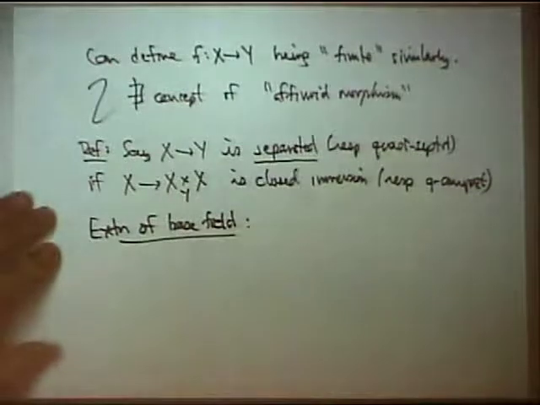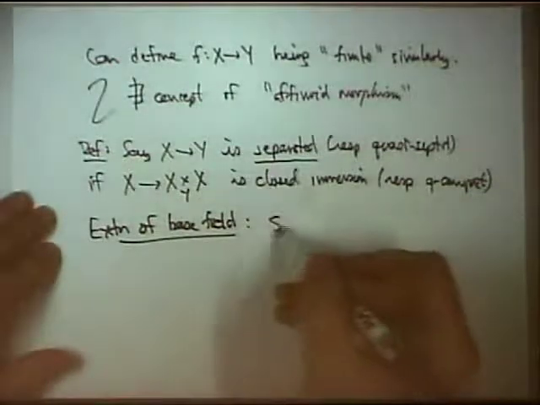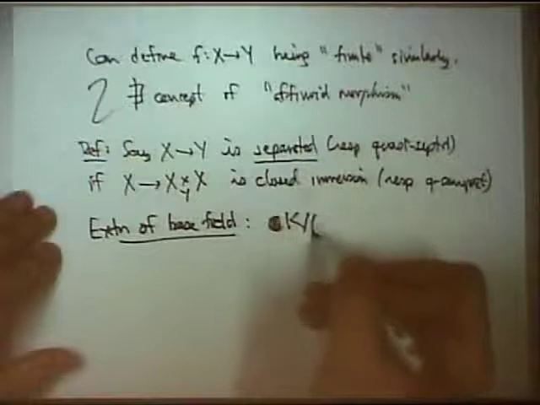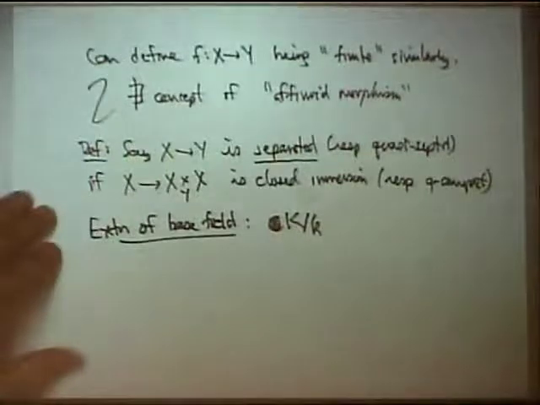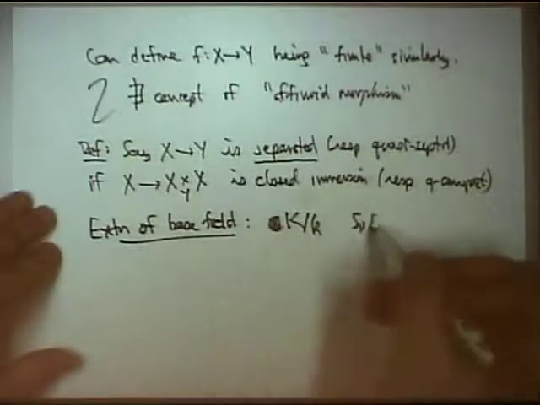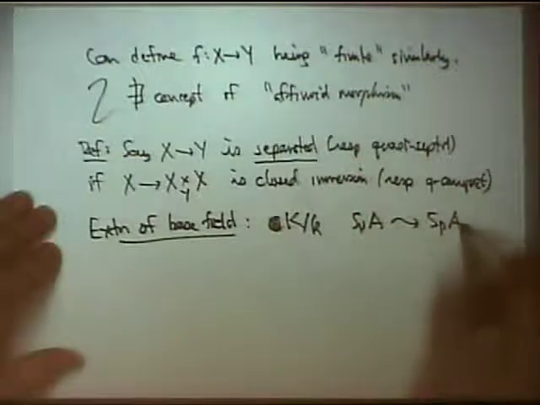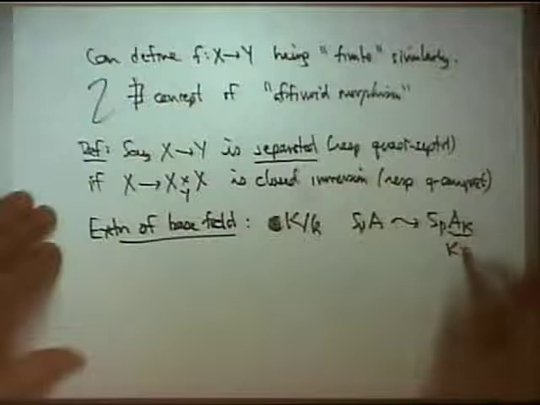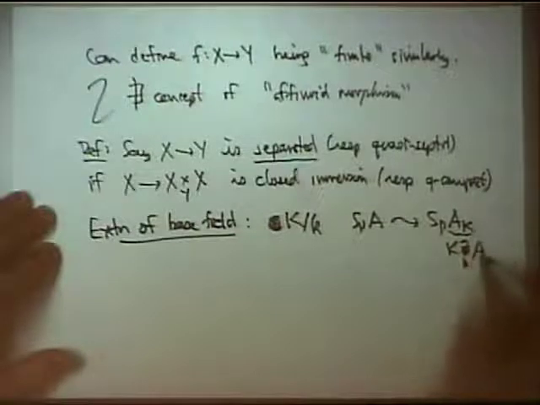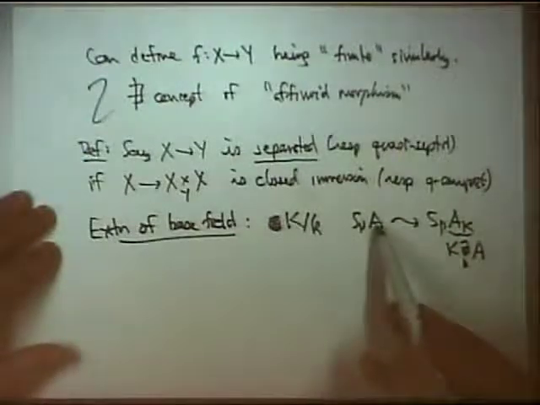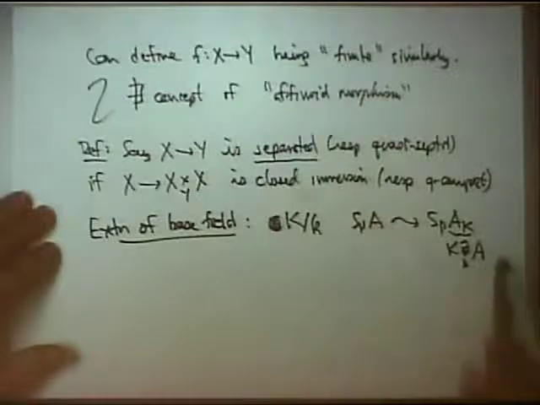So last time I discussed the fact that if K over k is an extension of non-Archimedean fields, then given any rigid affinoid space over little k, you can cook one up over capital K just by taking the completed tensor product. Which essentially amounts to saying if you express A as a quotient of a Tate algebra by some relations, this is the same expression except the Tate algebra you take over capital K, but you use the same relations over little k. So this is a construction in the affinoid case.